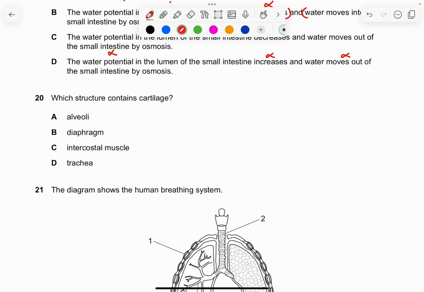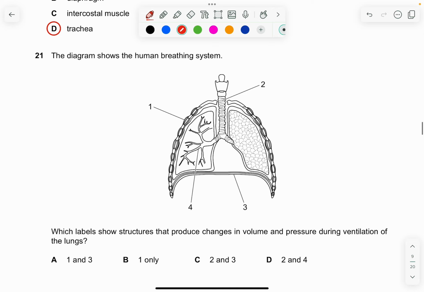Question 20. Which structure contains the cartilage? Cartilage is the one that can make the tube of the lungs flexible, and it also plays a big role in acting as structural support. The correct one is that it's found in the trachea. Question 21. The diagram shows the human breathing system.